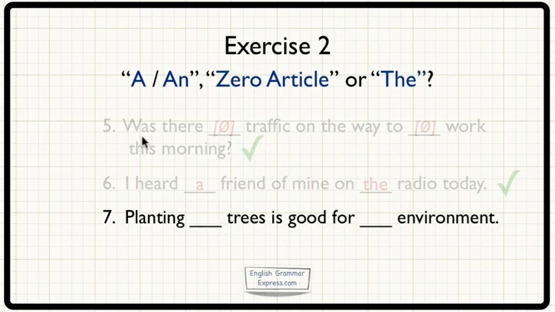So therefore, planting trees, zero article, is correct. Next is good for something environment. You might remember that environment is one of those words which takes the, even if we're talking about it in general. So planting trees is good for the environment. So that's the end of exercise 2.